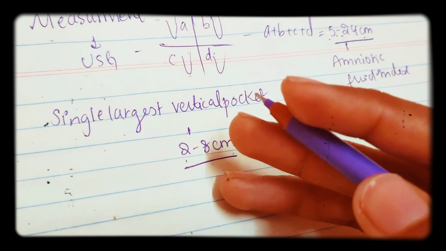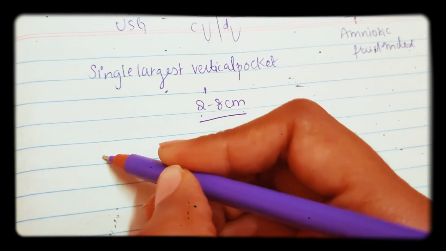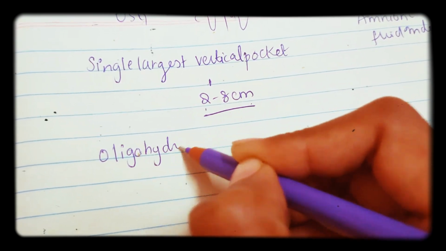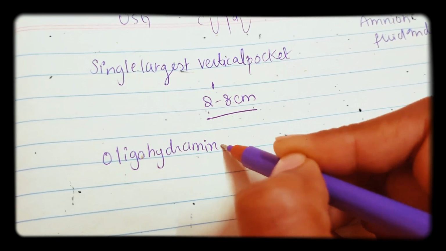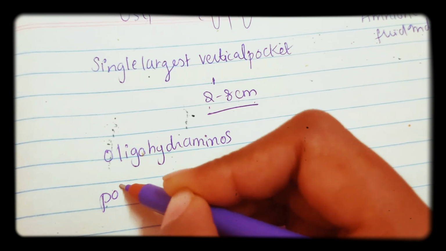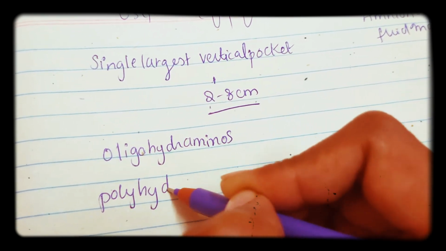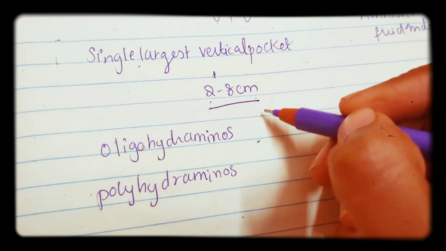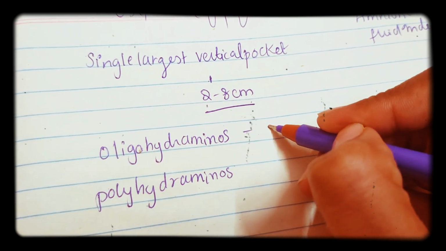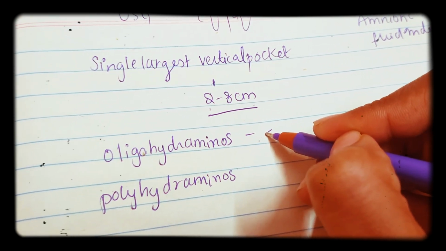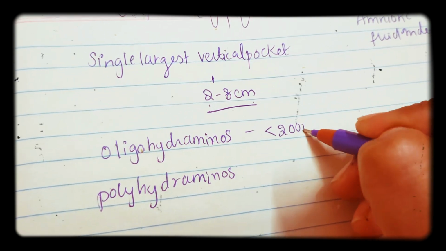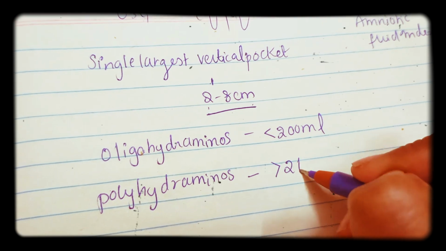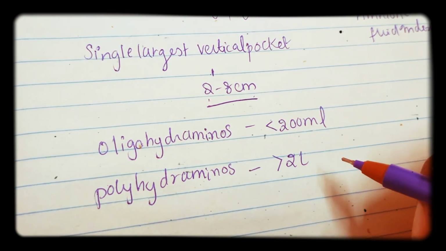Now coming to the main definition of what is oligohydramnios and what is polyhydramnios, the original definition. According to the original definition, when the amniotic fluid is less than 200 ml, it is called oligohydramnios, and if the amniotic fluid is greater than 2 liters, then it is called polyhydramnios.